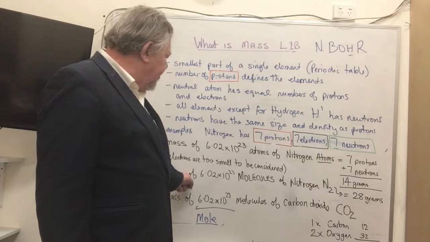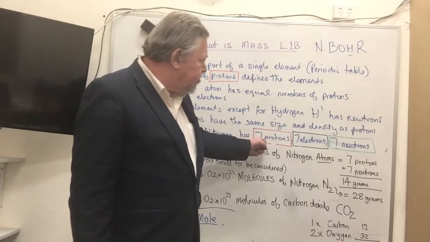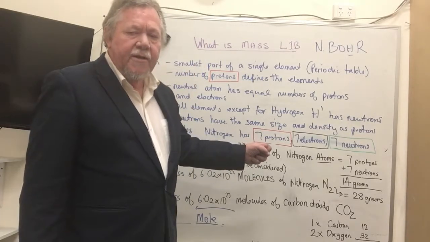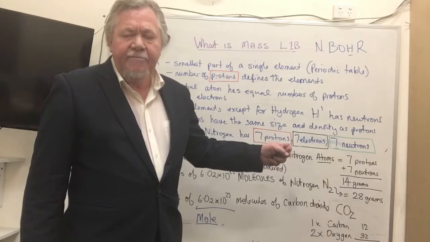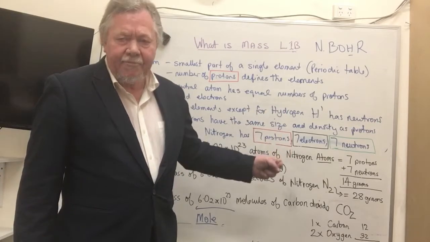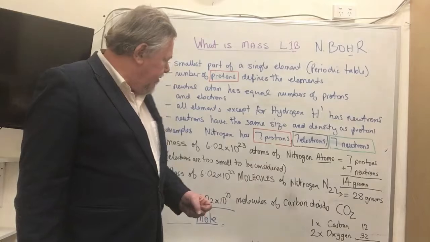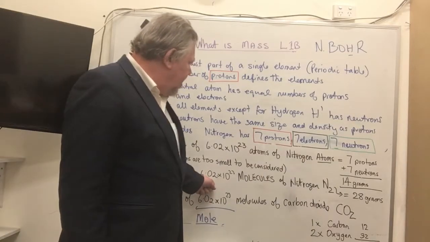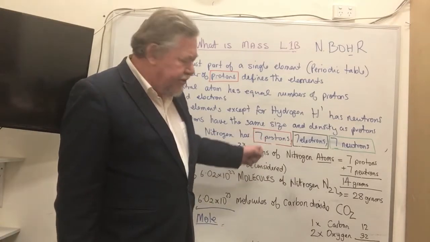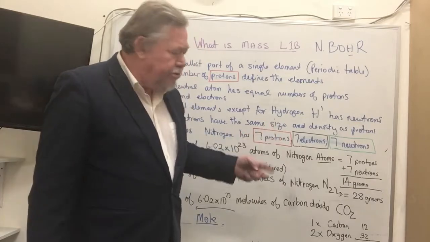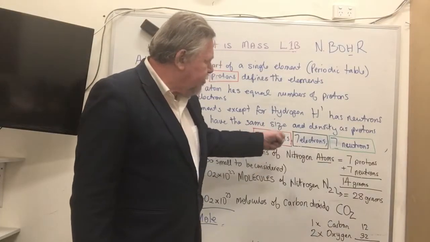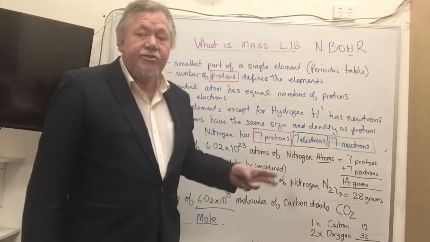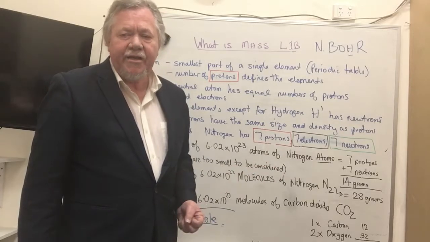So 6.02 by 10 to the 23 molecules will be 2 protons, so they'll have a mass of 2 grams. So this many hydrogen molecules will be just 2 grams. You can see how light that is.